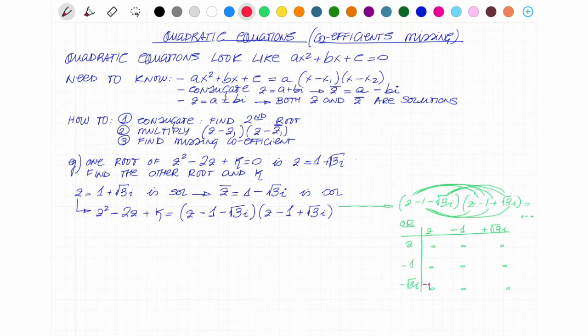Here I'm always going to have a negative, which then here is going to see the same thing times a positive, because I am multiplying, and one of the factors' values and the other one are conjugates to each other.